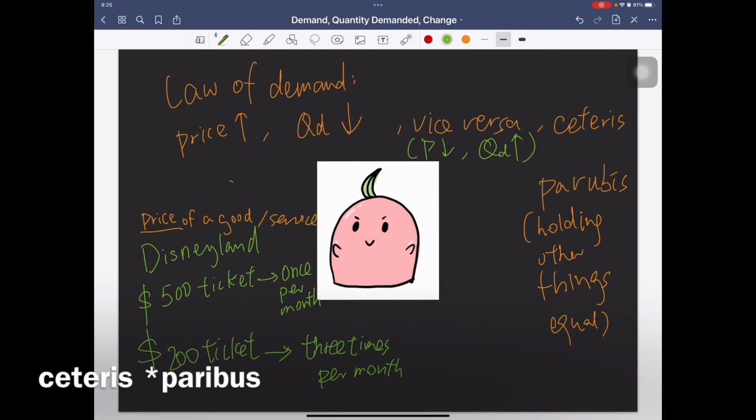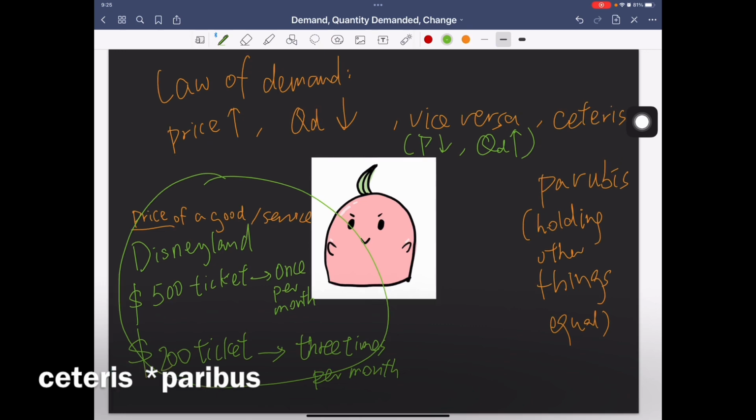This is an illustration of the law of demand, which matches the consumer's behavior. So for Disneyland, when the price decreases, the quantity demanded of the good increases.